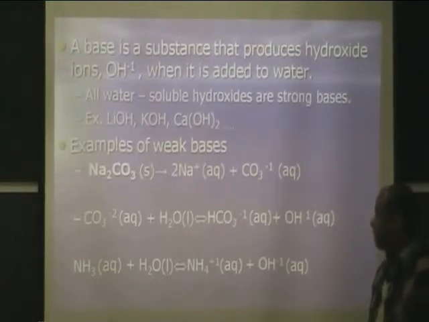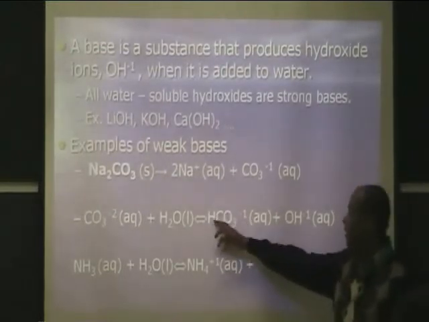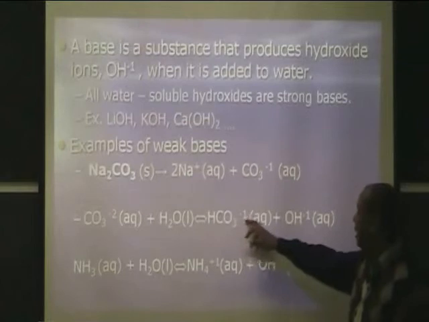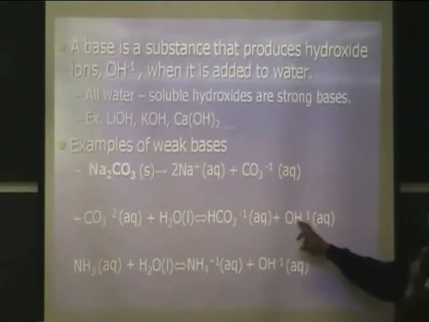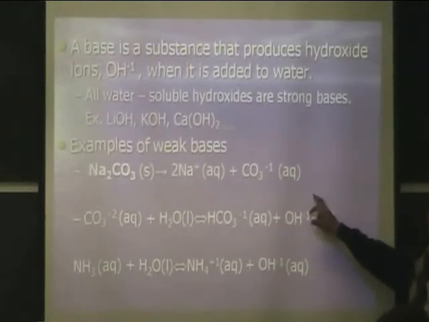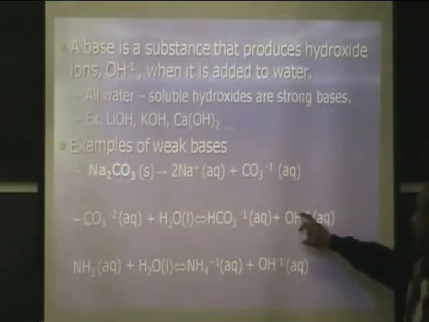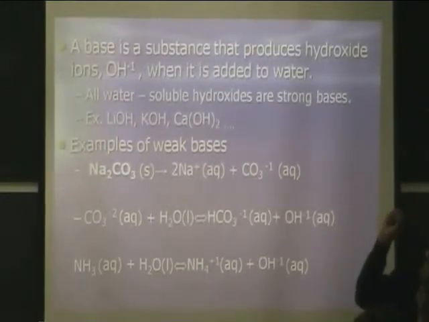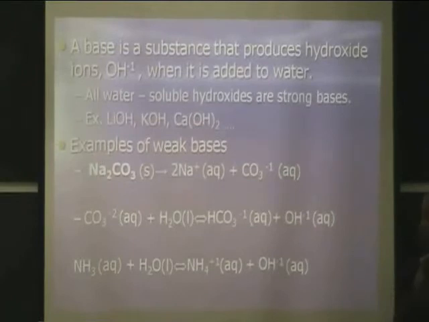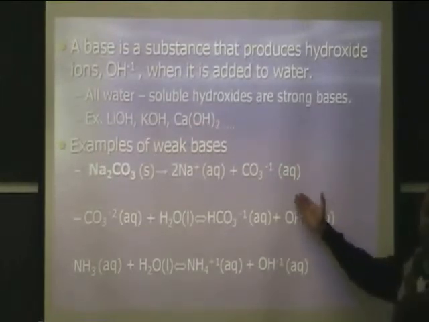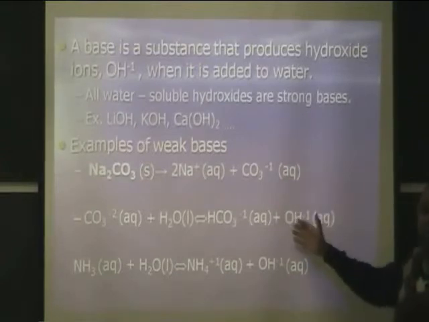Can we consider that? You have the bicarbonate here, and the rest of the product is hydroxide ion. If a substance donates hydroxide ion, we consider that a base. But it's not a strong base, it's a weak base.